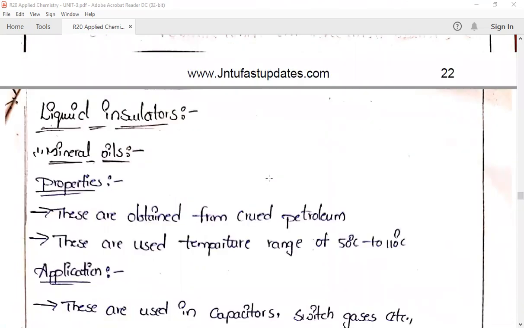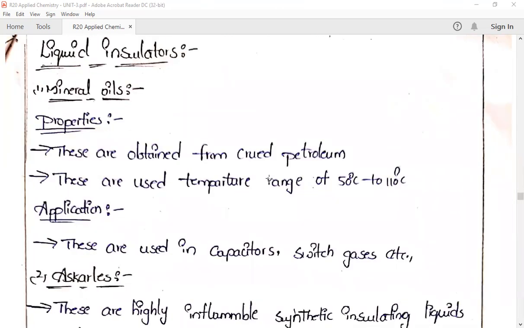Coming to the second type of classification, which is known as the liquid insulator. The insulating liquids are used for purely dielectric purposes in order to eliminate the air or other gases, or as an insulating and heat transfer medium.